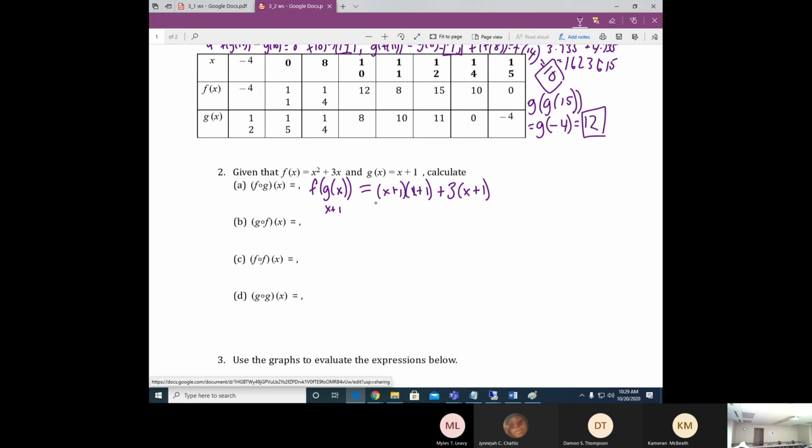And now let's go ahead and multiply it out. X squared plus x plus another x plus 2x plus 1 plus 3x plus 1 equals x squared plus 5x plus 2. There is my f of g of x.